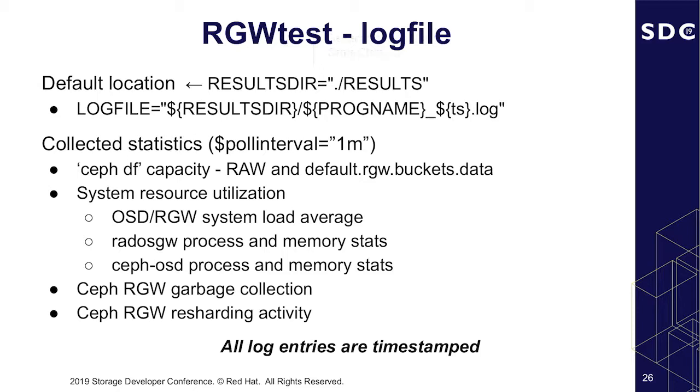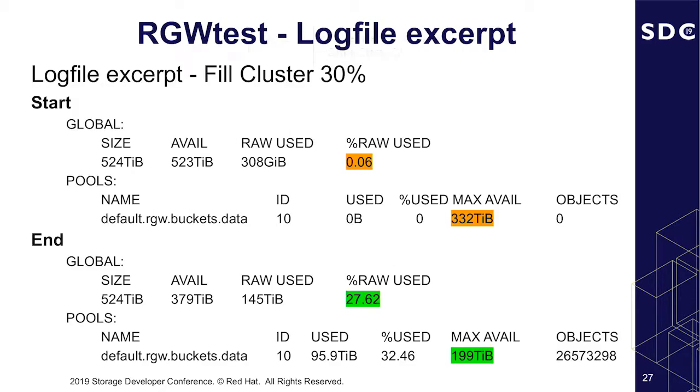And all of the entries are time-stamped. So as an example excerpt from a log file run, this would be something where we would be looking at the start and the end, and specifically the information that was parsed out from the results of running Ceph DF.